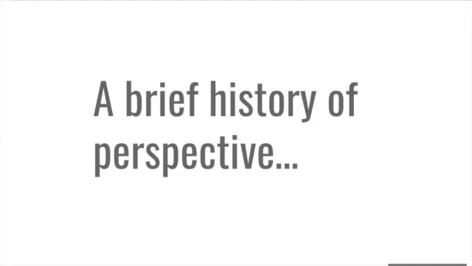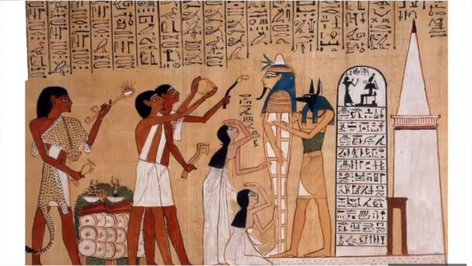So let's go through a brief history of perspective, because it's really funny and really awkward to see how we as humans have interpreted perspective over time. Here we have what you all can recognize as an Egyptian manuscript, where in this ancient civilization, people wanted to talk about their deities, their religion, their gods, and they did a really good job of doing this, but they had no idea of how to really create a sense of depth that well.